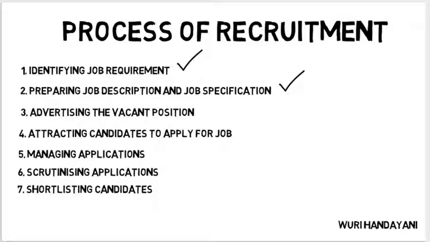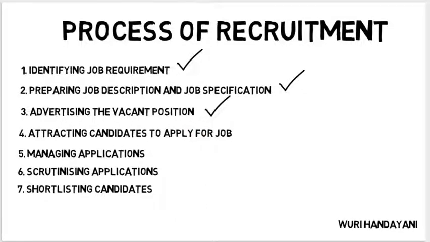The next step is making a job description, disclosing the job-related details like designation, location, duties to be performed, and required experience. The recruiter also chalks out the job specification, having information regarding the skills, qualifications, and area of expertise.